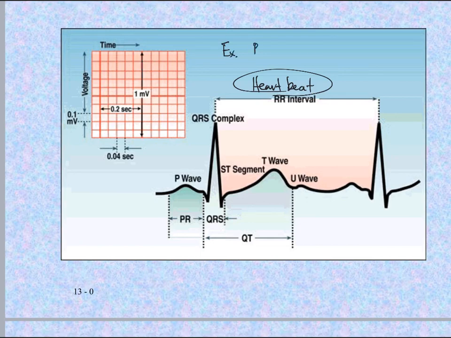If the R to R interval is 1 second, and we know that there's 60 seconds per minute, we know that person has a heart rate of 60 beats per minute, and that's a really easy way to determine someone's heart rate from an EKG.